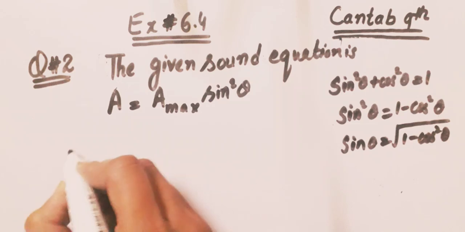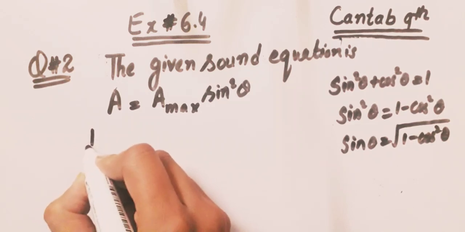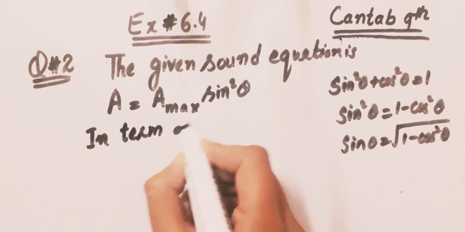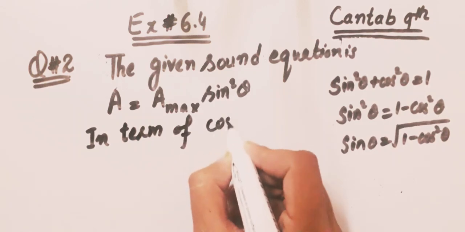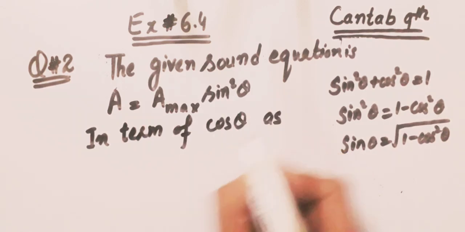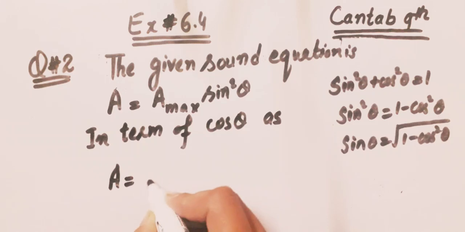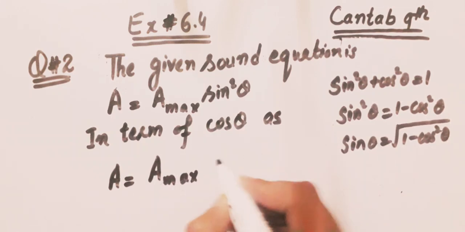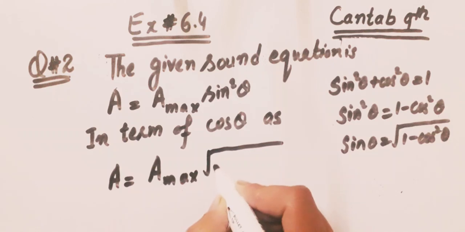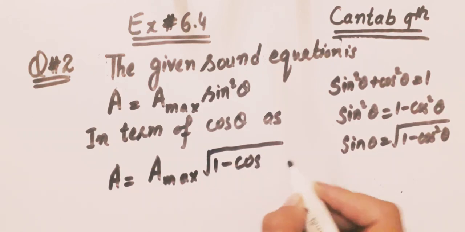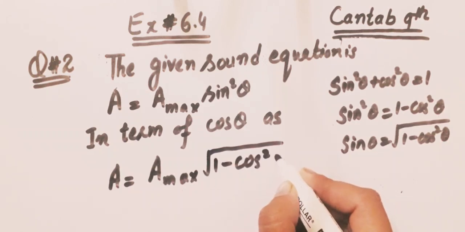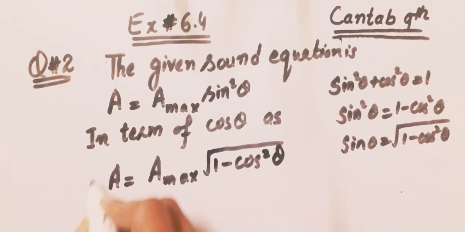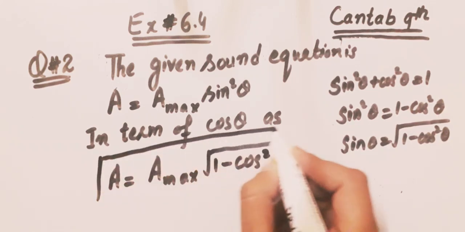So, you will write in terms of cos theta as A is equal to A maximum sine square theta, which will be equal to square root of 1 minus cos square theta. So, this is the solution of this question.